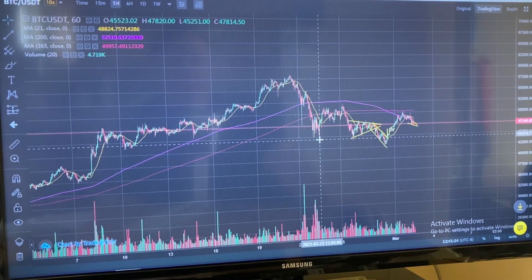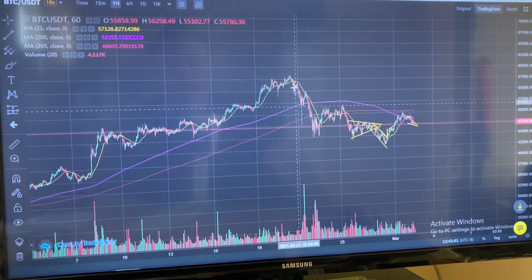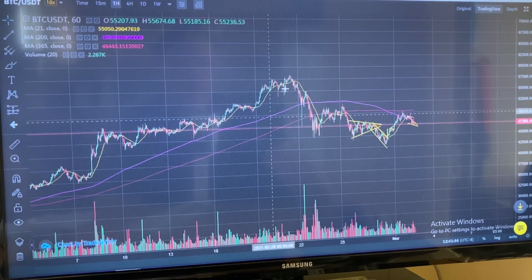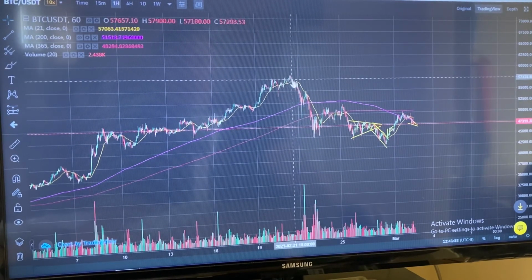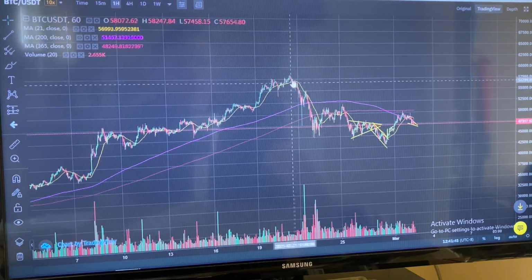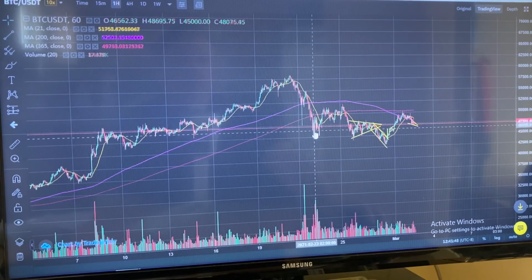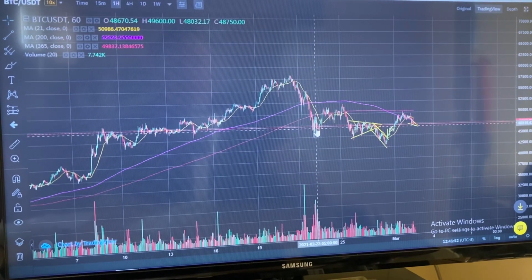Do the opposite of what everyone else does, because the herd 9 times out of 10 goes in the wrong direction, and they end up falling off the cliff and riding the losses, when you could have sold up here, or sold into USDT, into Tether, or a stablecoin, and then watched the price fall and bought back in down here at a cheaper price, and you just increased the number of coins you have in your bag.